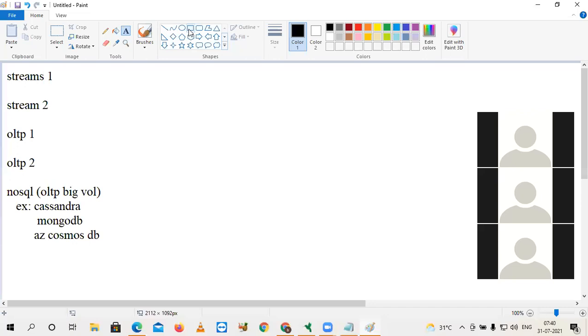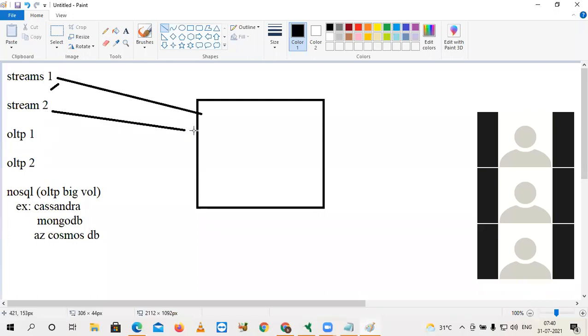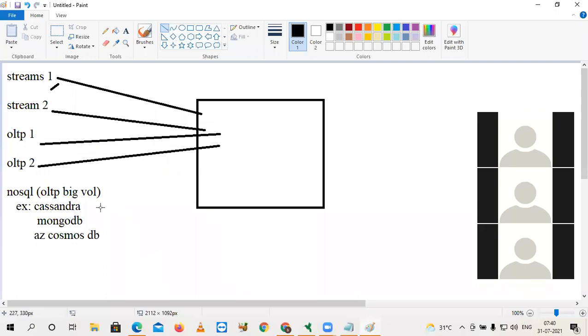But traditional data warehouses work with only OLTP, which is structured data. What about streams, fast-generated streaming data? Stream 1, stream 2, the transactions data like OLTP 1, OLTP 2, and NoSQL data like MongoDB, Cassandra. This will be the shape of it.